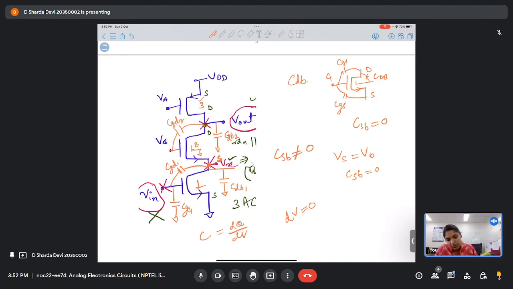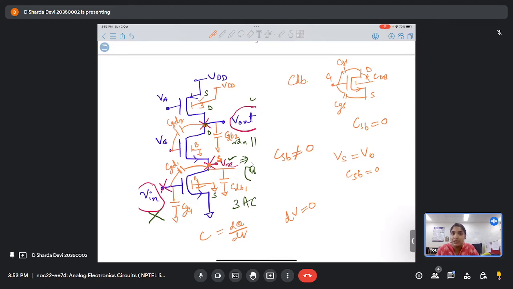Now when you look at it carefully, for the first transistor there is no issue. Whether your body and source are shorted or body and source are grounded, it doesn't make a difference for your first transistor. Similarly, for your topmost PMOS, it will make no difference whether it is source-body shorted or source and body both are connected to VDD.